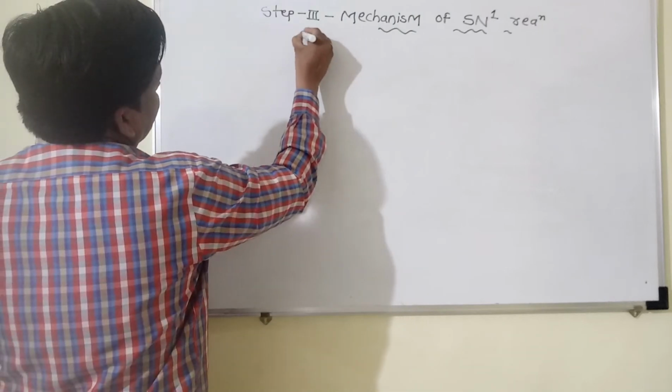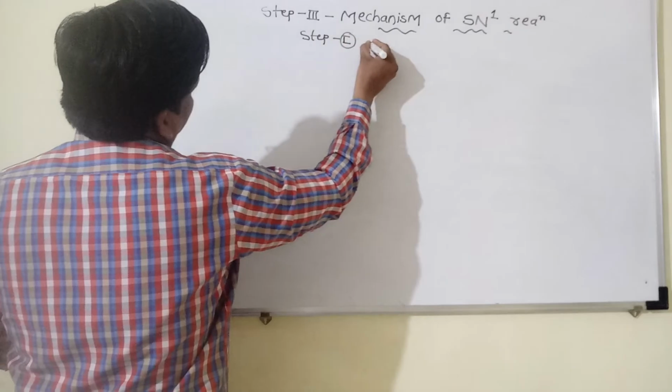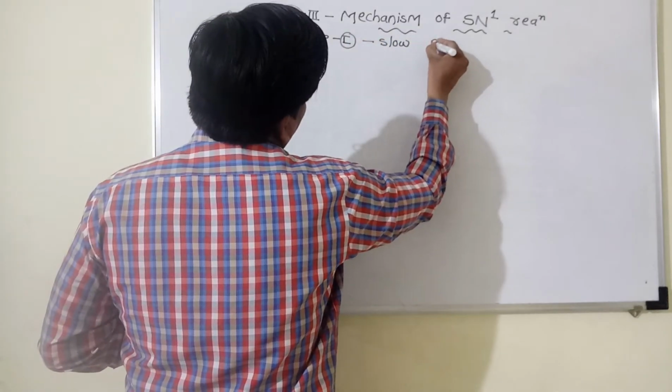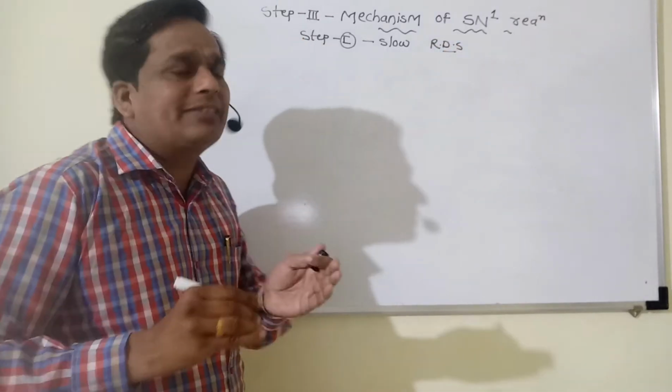Step first is the slow step, that is the RDS, rate determining step, and the second step is the fast step.